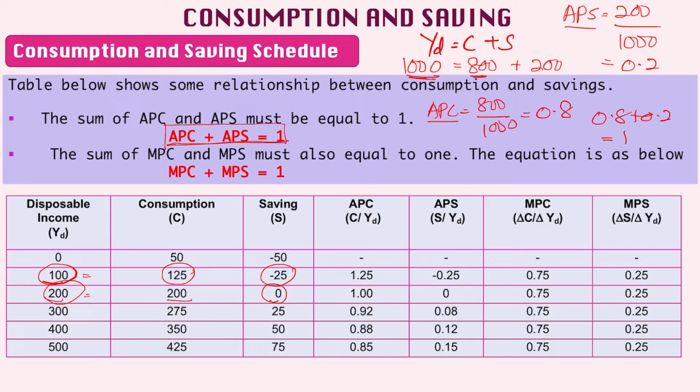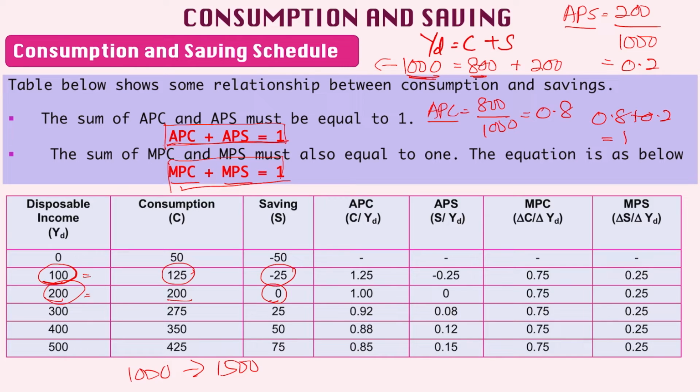For MPC and MPS, it is similar to APC and APS: MPC plus MPS equals 1. For example, income increases from 1,000 to 1,500, so there is a change of 500.